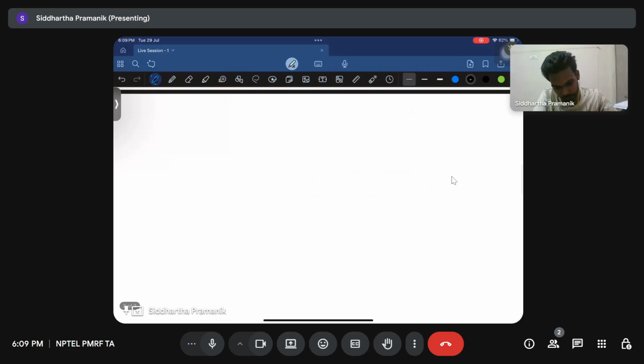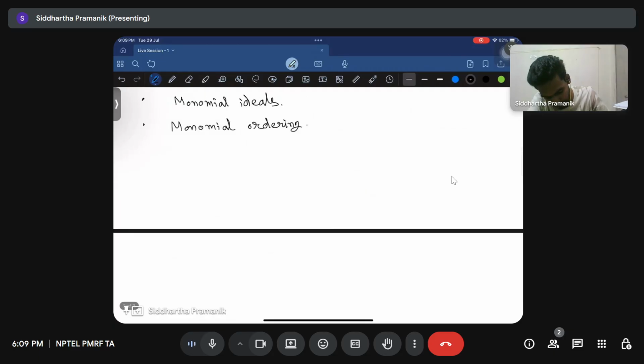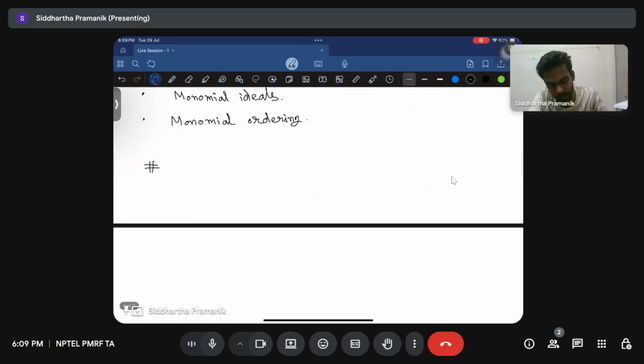So we have talked about polynomial rings, right? So let me write down. First I should mention that in this course, ring means commutative ring with unity, or at least in this live session.